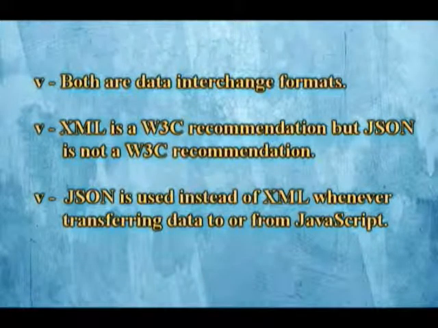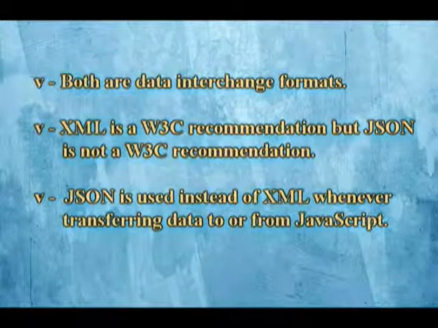Comparison between XML and JSON. Both are data interchange formats. XML is a W3C recommendation, but JSON is not a W3C recommendation. JSON is used instead of XML whenever transferring data to or from JavaScript.